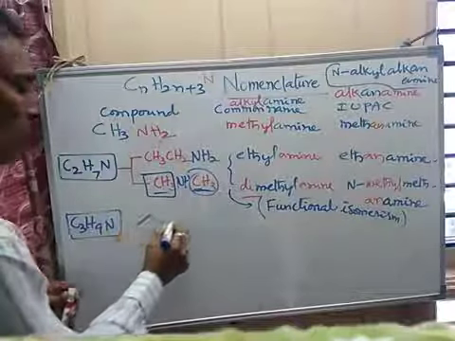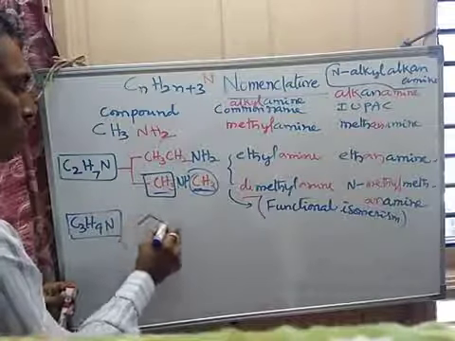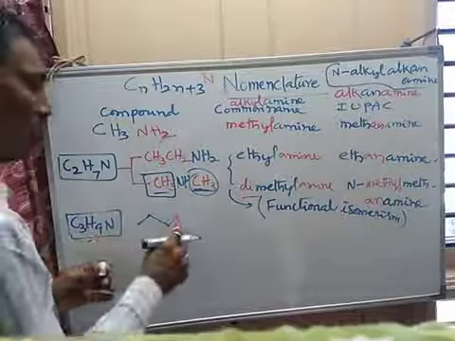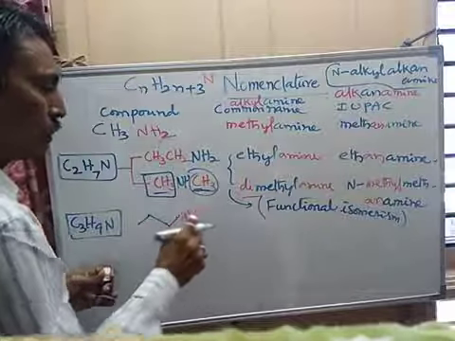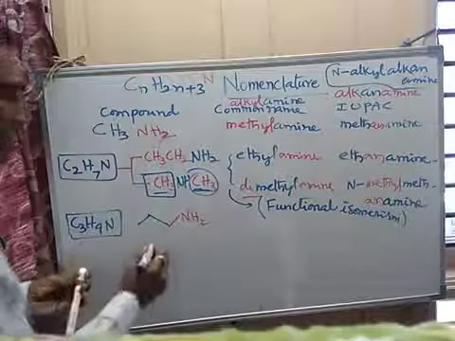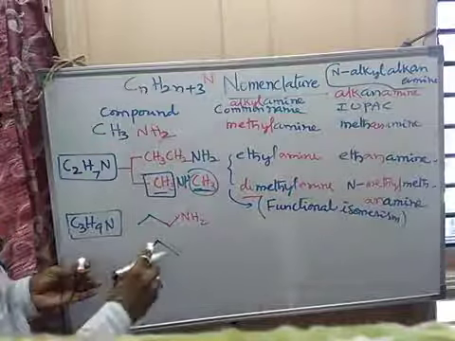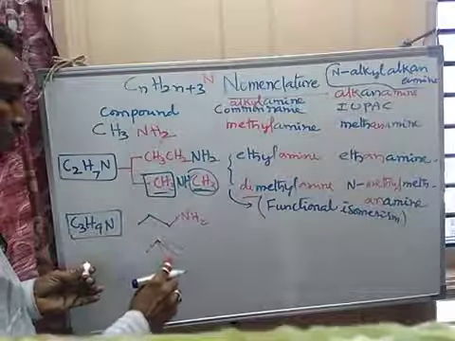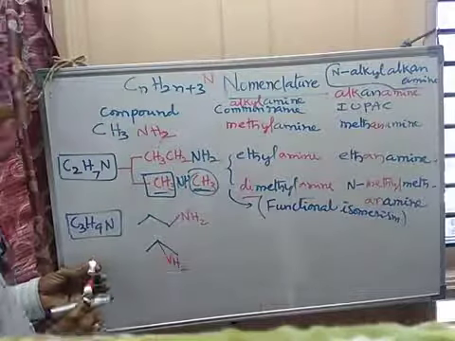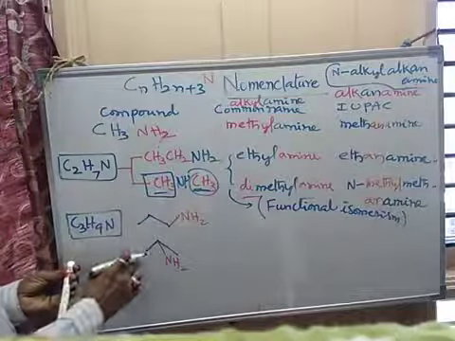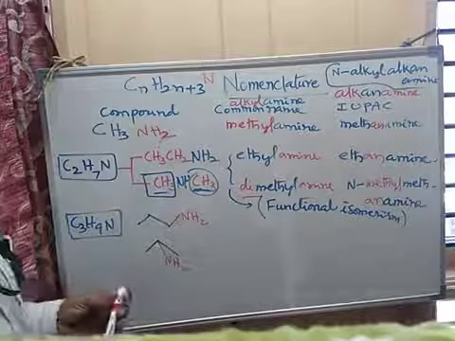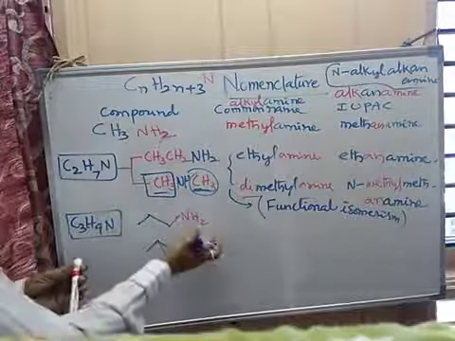I would like to write the bond line structures. One: three carbons, and this is NH2. Another version is three carbons, and you just write NH2 on the middle carbon. If you write it on the other terminal carbon, as per IUPAC nomenclature it becomes the first carbon.